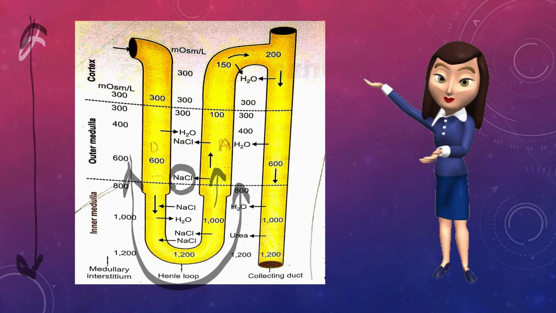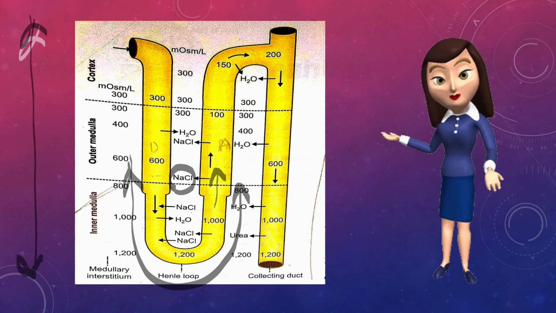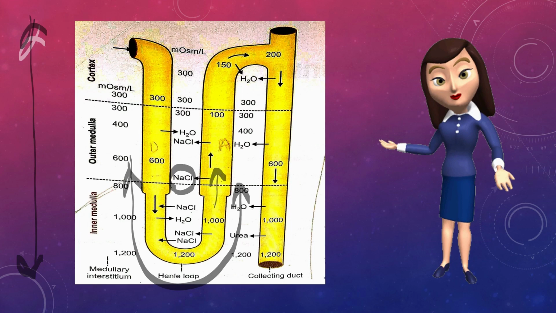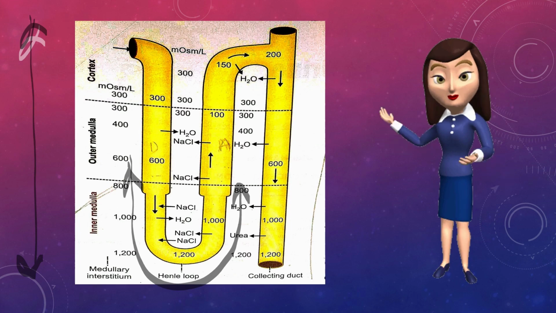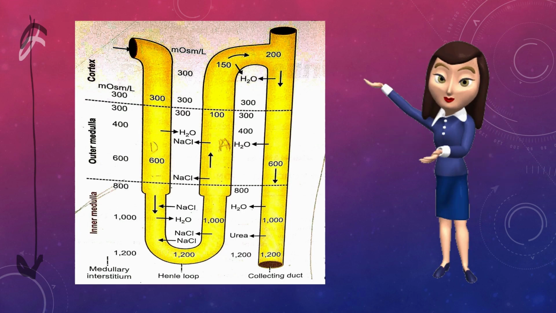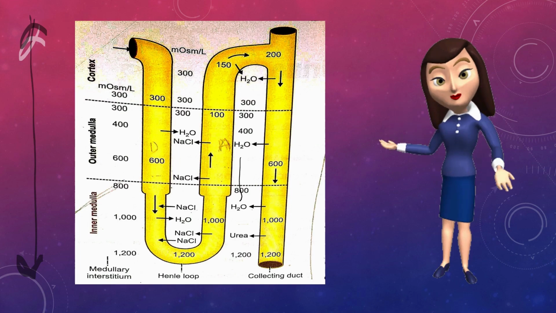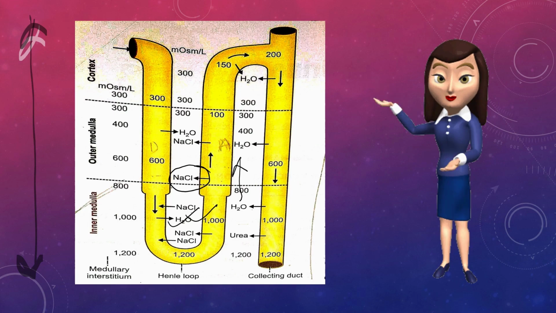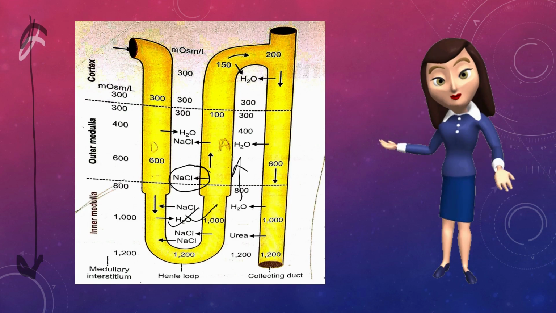Now, due to the concentration gradient, the sodium and the chloride ions diffuse from the medullary interstitium into the descending limb of Henle's loop. What is happening? If we see, from this ascending part, the sodium chloride ions move to the interstitial fluid, and from this, due to the concentration gradient, what is concentration gradient?